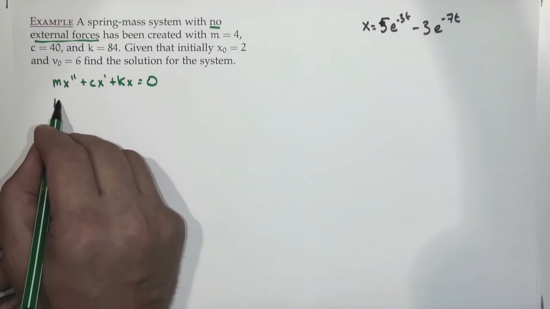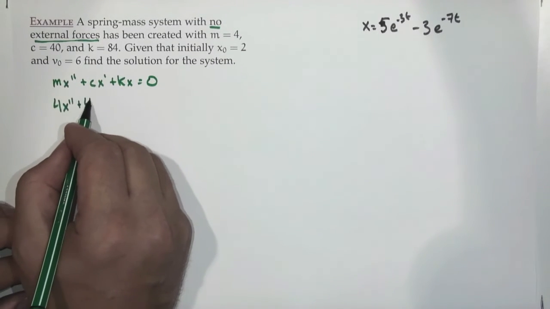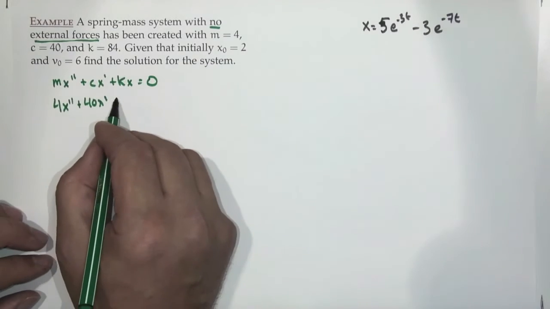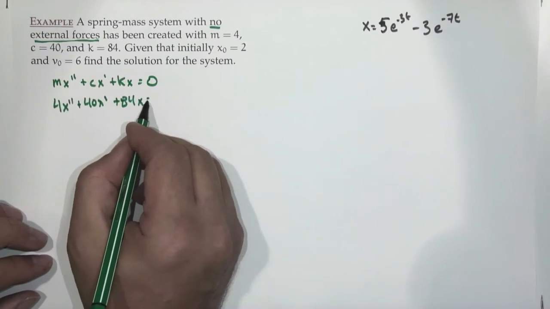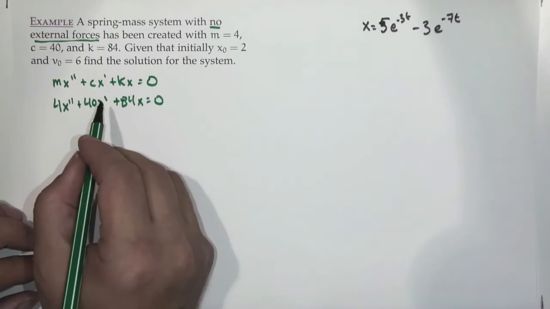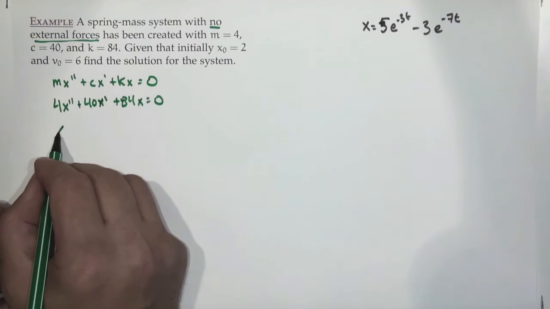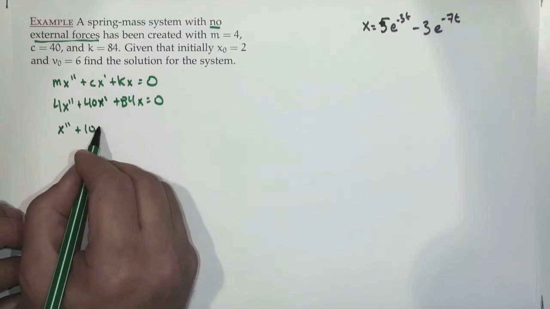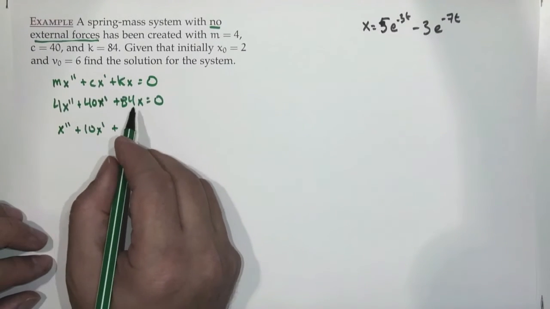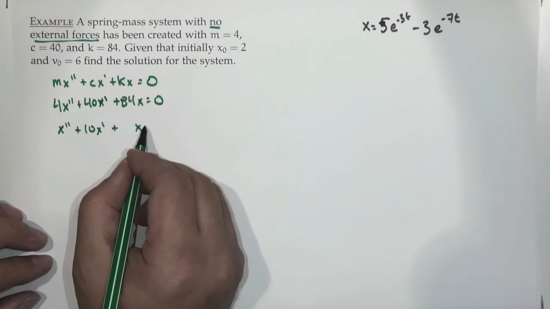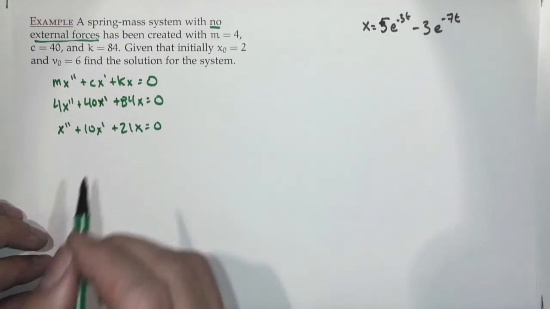So we have 4 and 40 and 84. And of course, we could simplify this by saying, ooh, they all have 4s. So that's like x double prime plus 10x prime plus whatever 84 divided by 4 is. 21, okay, I'll believe you.